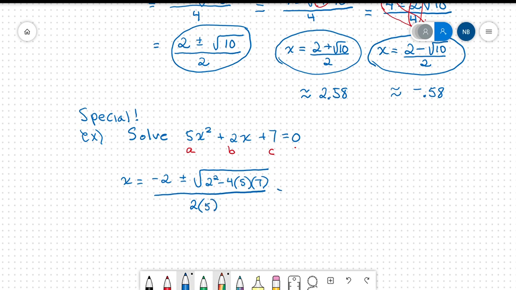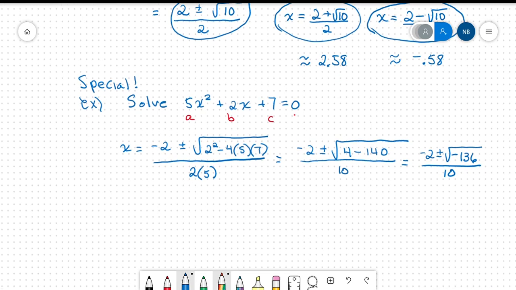And that's equal to negative 2 plus or minus the square root. 2 squared is 4, and then negative 4 times 5 times 7 is negative 140, all divided by 10. This is equal to negative 2 plus or minus the square root of negative 136, all over 10.